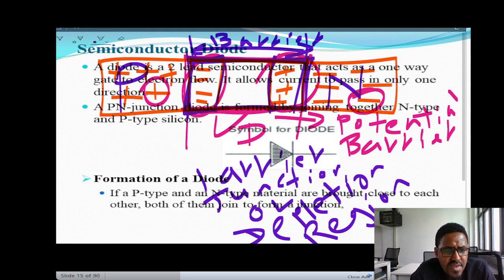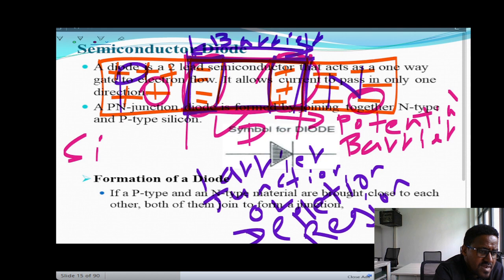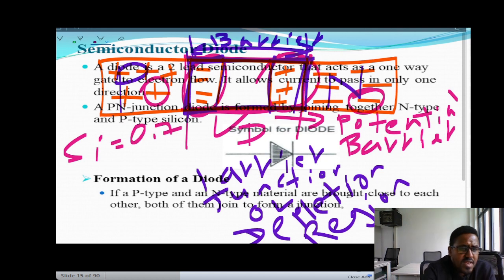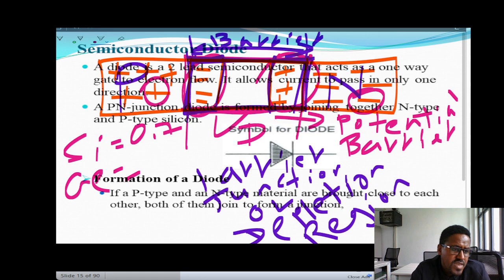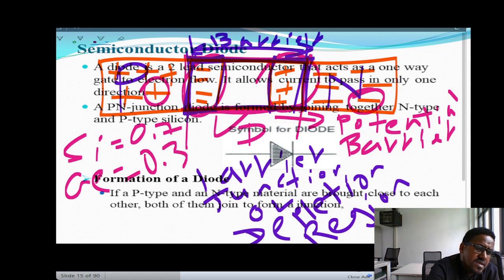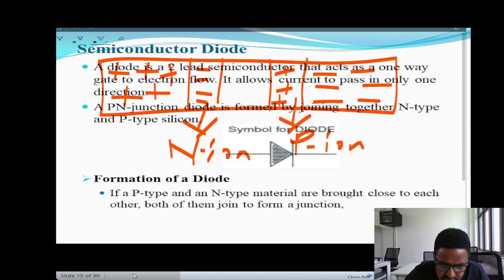So the potential difference differs according to the type of semiconductor. If the semiconductor is silicon, the VD becomes 0.7. If the type of semiconductor is germanium, the potential difference becomes 0.3.